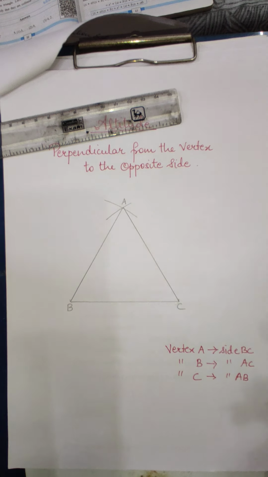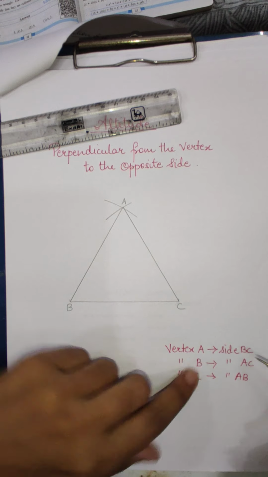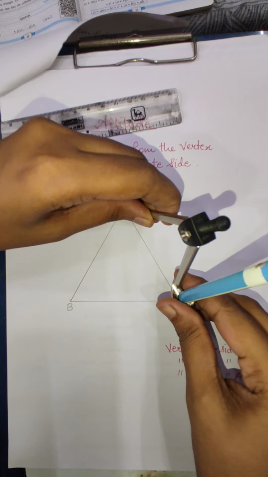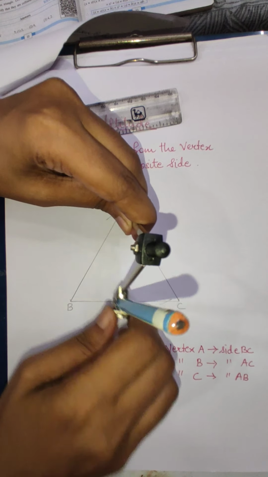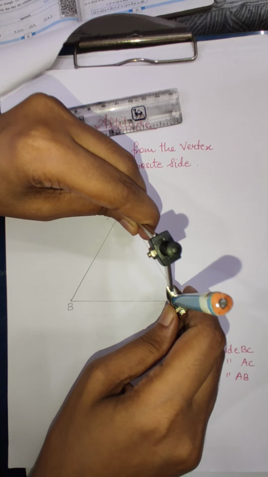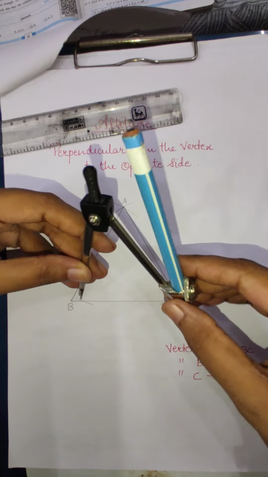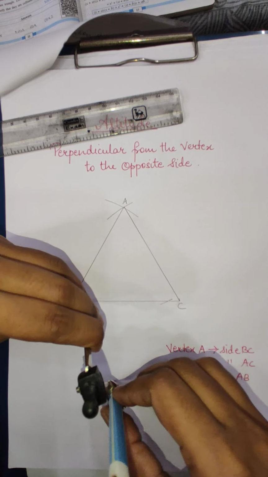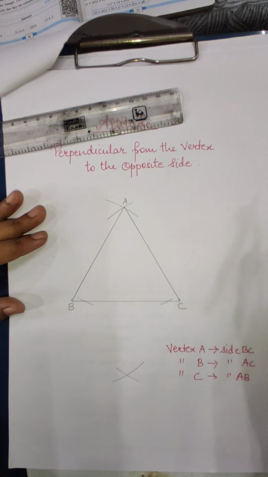Now, from A, we have to do the perpendicular on side BC. So keep the point on A. Take appropriate distance such that it cuts the line BC into arcs like this. Then measure the arcs, take the distance, draw a line downwards, draw another arc.